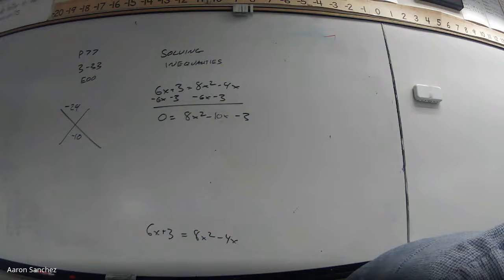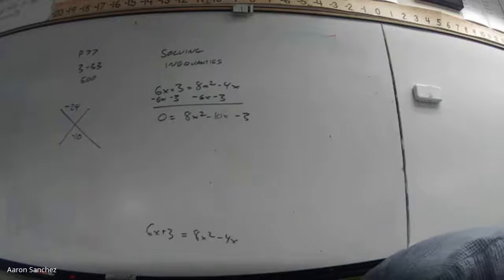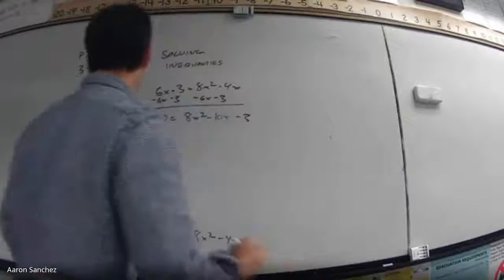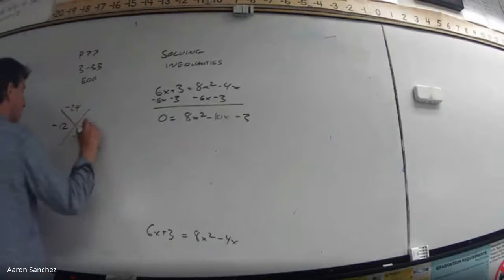Brianna, what times what equals negative 24 and adds to negative 10? Tell Melissa. Negative 12 and positive 2. Melissa, what times what equals negative 24 and adds to negative 10? Negative 12 and positive 2. Yes, thank you, Brianna. Thank you, Melissa. So we have negative 12, positive 2.